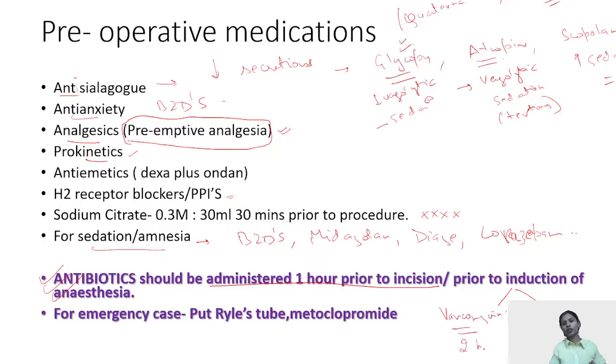The two exceptions are vancomycin, which has to be given 2 hours prior to incision, and second is the tourniquet. If the tourniquet has to be inflated, then the antibiotic has to be given just prior to the inflation of the tourniquet. These are the two exceptions, vancomycin and tourniquet. And do we have to repeat the antibiotics?